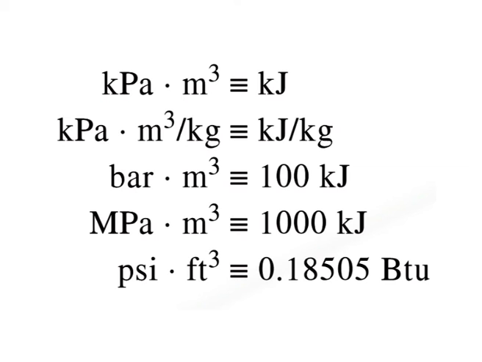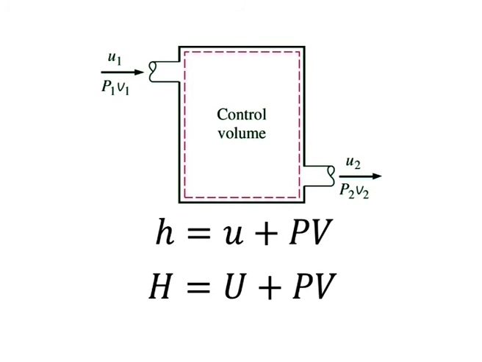For example, it can be easily shown that 1 kPa·m³ is equal to 1 kJ. In some tables encountered in practice, the internal energy U is frequently not listed, but it can always be determined from H = U + PV.